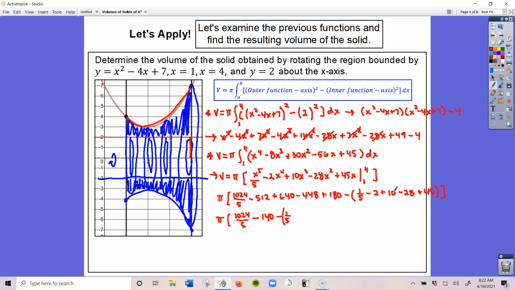Negative 2 plus 10 is 8, minus 28 is negative 20, plus 45 is positive 25.